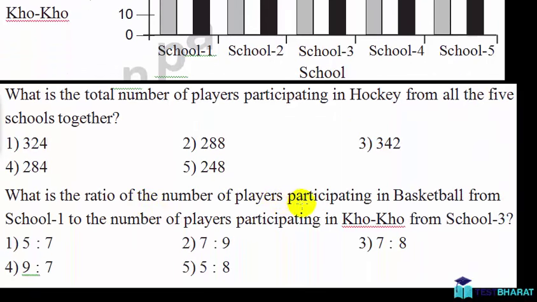What is the ratio of the number of players participating in basketball from school 1 to the number of players participating in Kho from school 3?